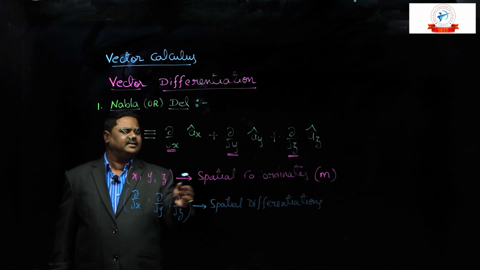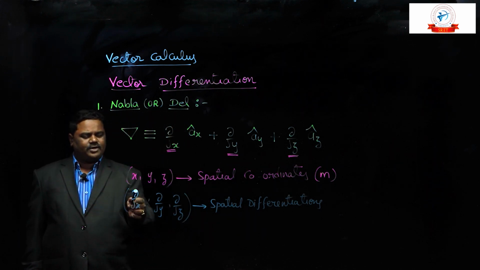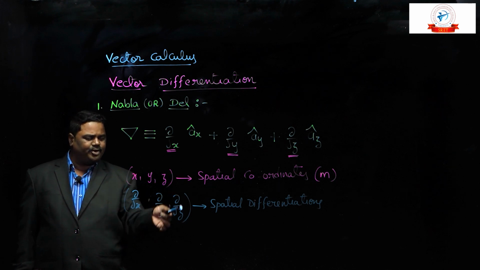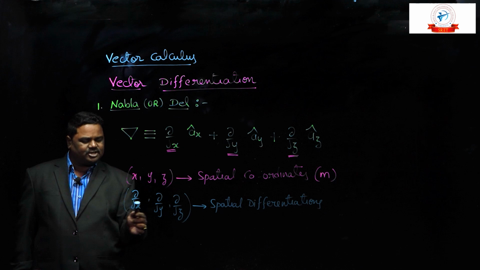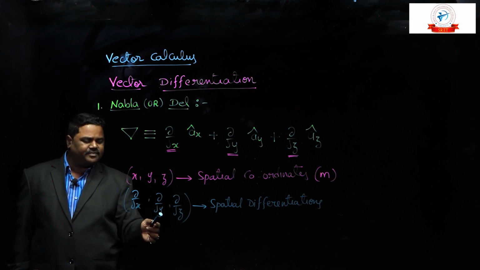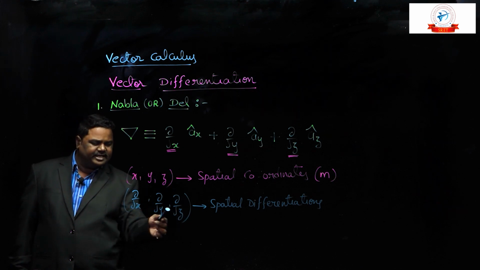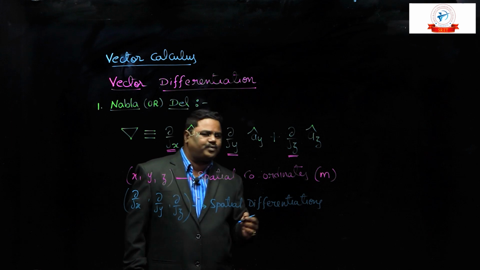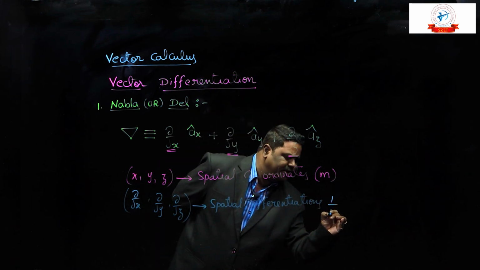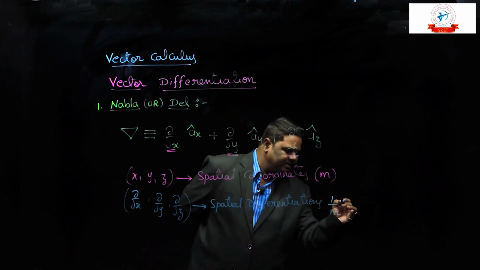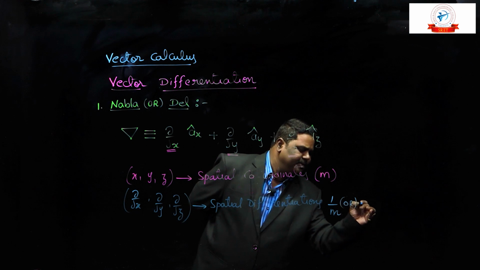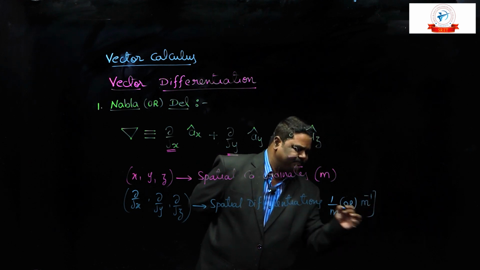Okay. Now, you already know the units of x, y, z: they are length, measured in meters. Then what are the units of dou by dou x, dou by dou y, dou by dou z? These are differentiations with respect to x, y, z, or spatial coordinates, or differentiation with respect to length. Length is in the denominator. So, the units are 1 by meter or meter inverse.